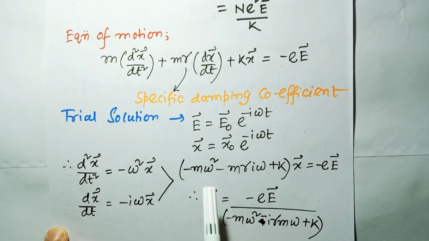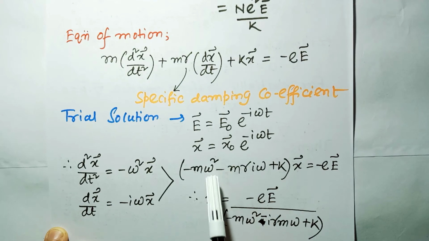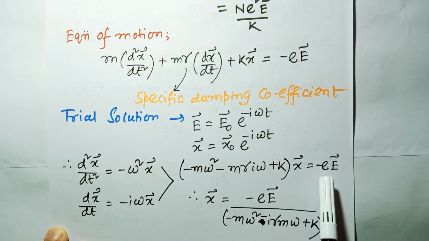Then if we replace these two values here, we get minus m omega squared minus m gamma i omega plus k, times x vector, is equal to minus eE. Then we can get the value of x vector is equal to minus eE divided by minus m omega squared minus i gamma m omega plus k.